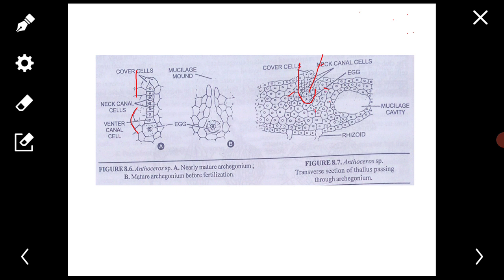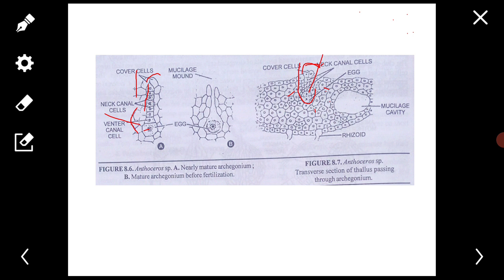The cover cells project above the surface, and they are 2 or 4 in number. The archegonium contains 4 to 6 neck canal cells, a venter canal cell, and an egg.